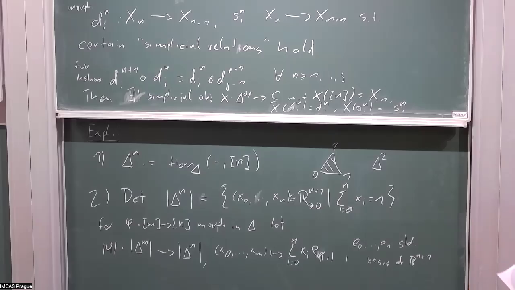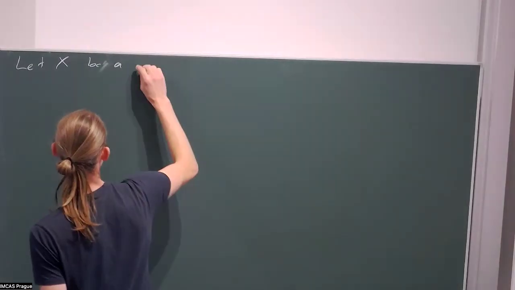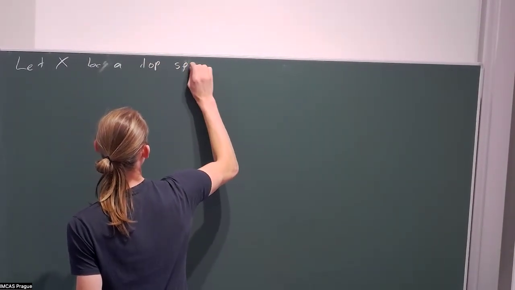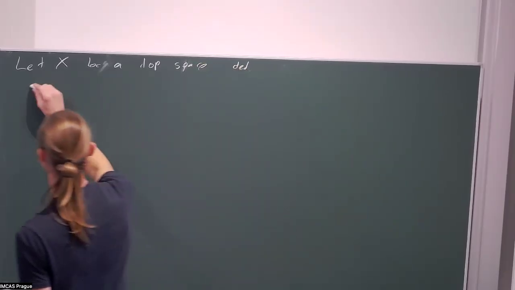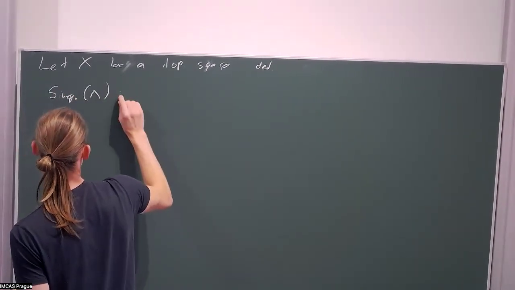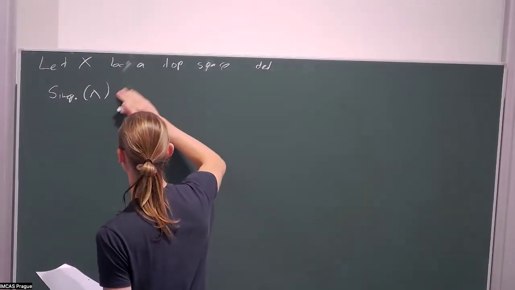This works as follows. We'll let X be a topological space. Define the singular simplicial set of X as the following functor.